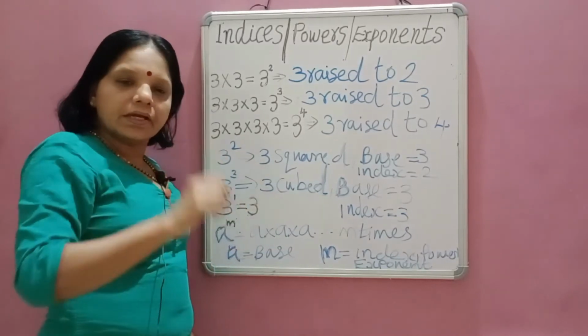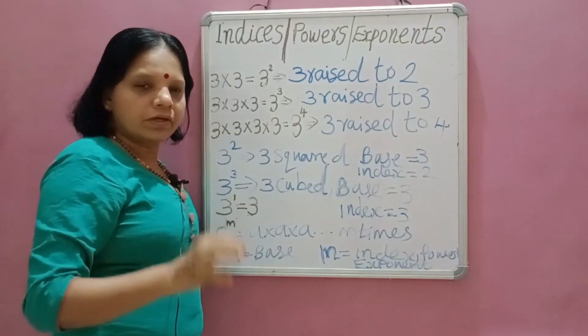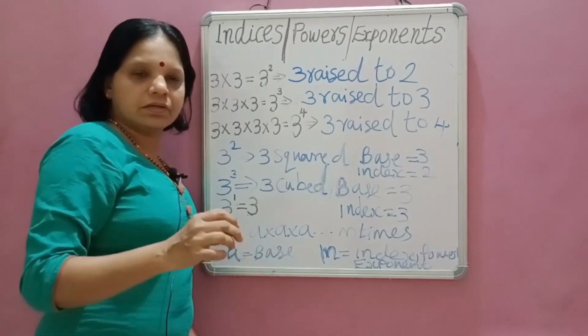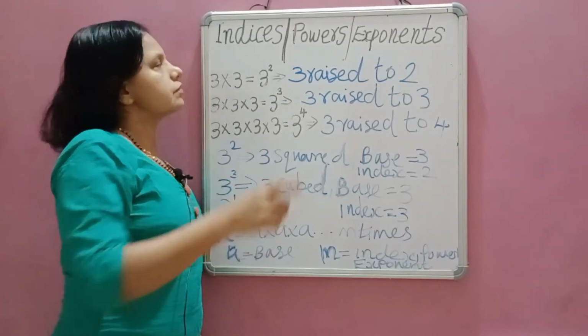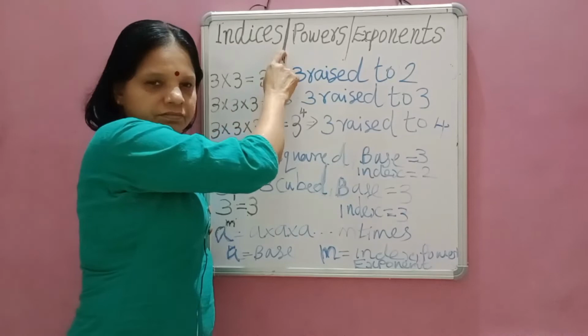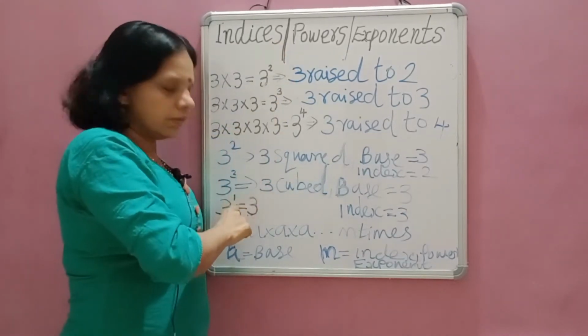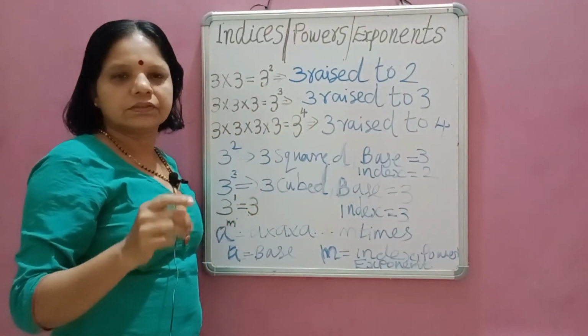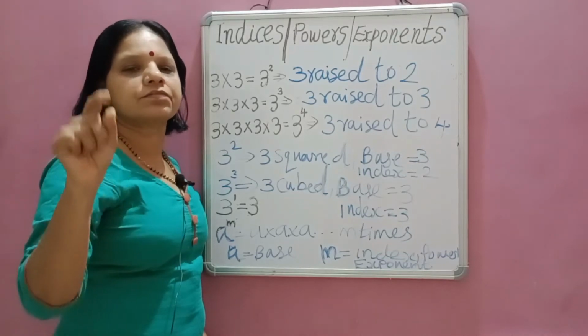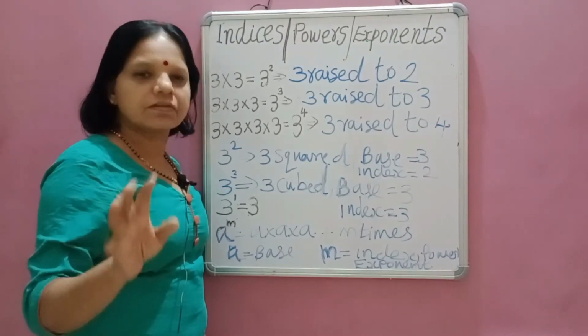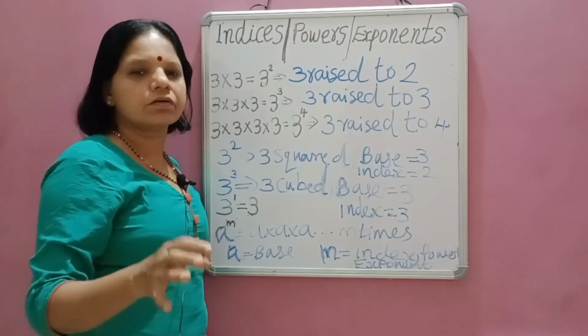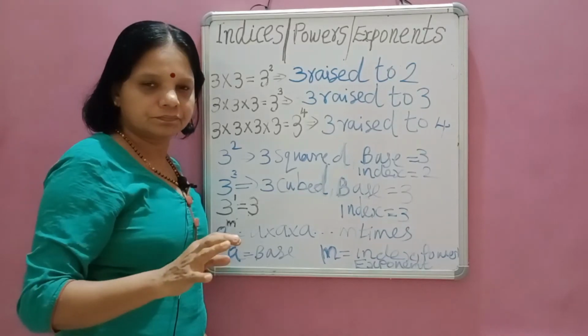Clear? So any number we can write in the base-index form with the index 1. 7 is equal to 7 raised to 1, which means 7 only. 10 is equal to 10 raised to 1.